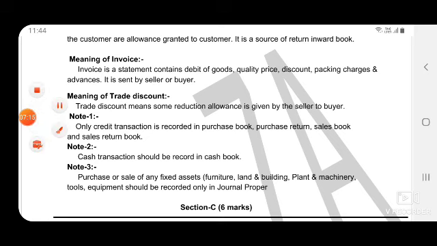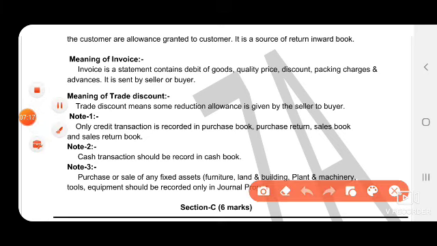So the very important note here: only credit transactions are recorded in the purchase book, purchase return, sales book and sales return. Cash transactions should not be recorded here. Cash transactions should be recorded in the cash book only.